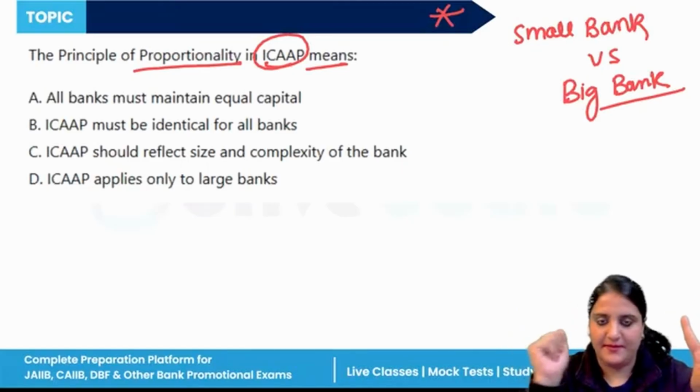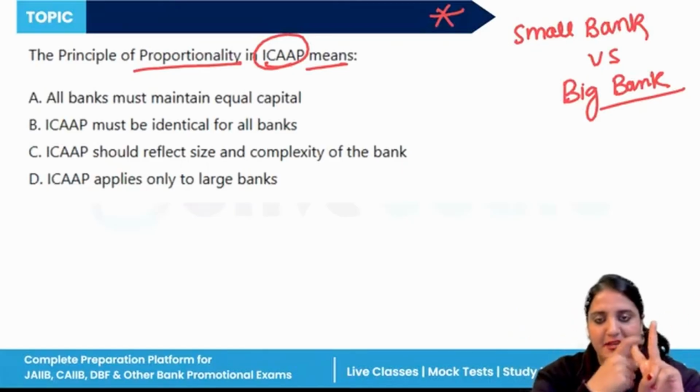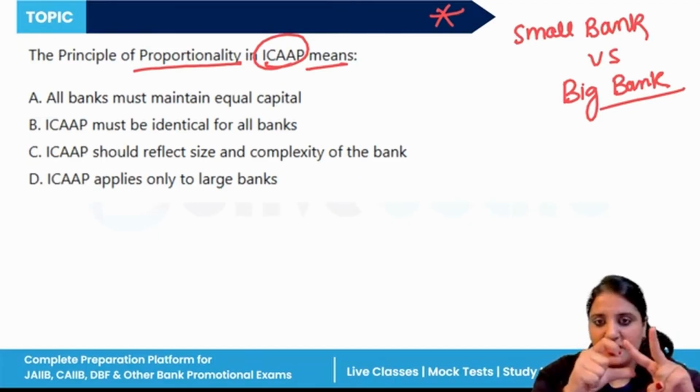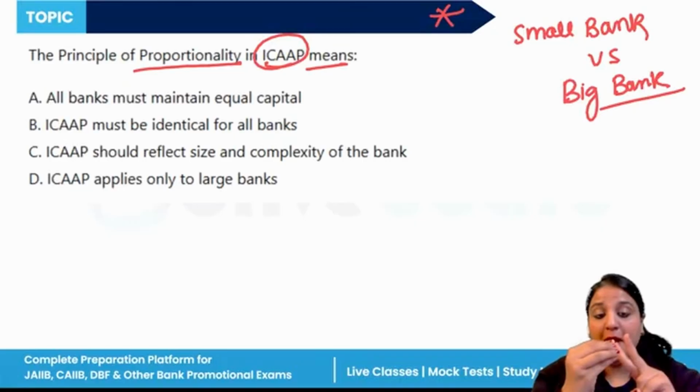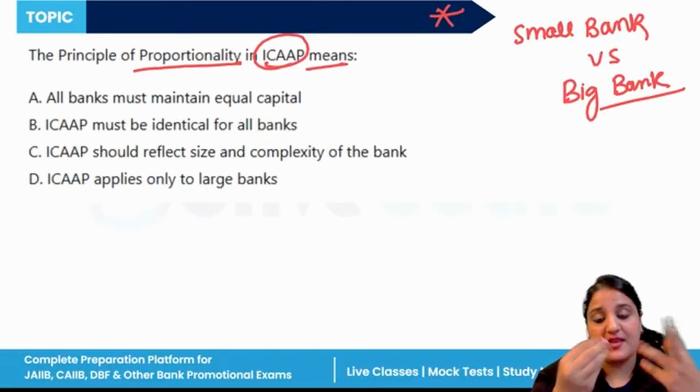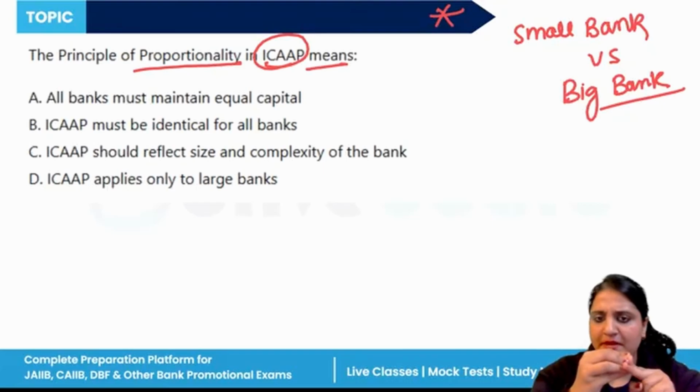Imagine two banks, Bank A and Bank B. Bank A is a small regional bank, limited branches, only retail loans. Bank B is a very large multinational bank used for forex trading. Derivative exposures are there. Corporate lending is there. Overseas subsidiaries are there. So now tell me, should both banks have the same complex ICAAP?